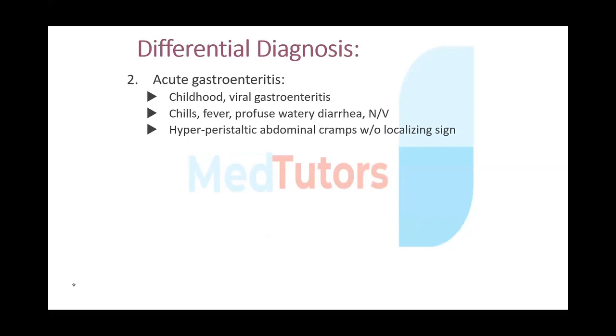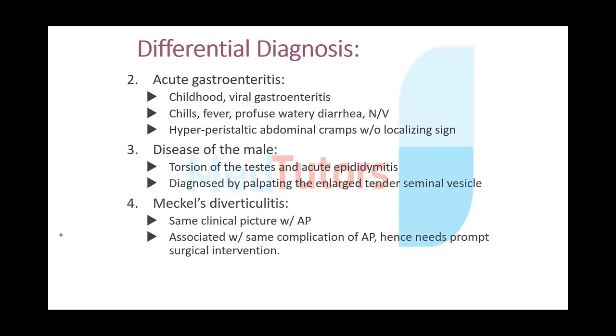Gastroenteritis, which you can see in childhood, viral gastroenteritis, they have chills, rigors, watery stool, and so on. Diseases in males: torsion of the testes, acute epididymitis, diagnosed by palpating the enlarged tender seminal vesicles.